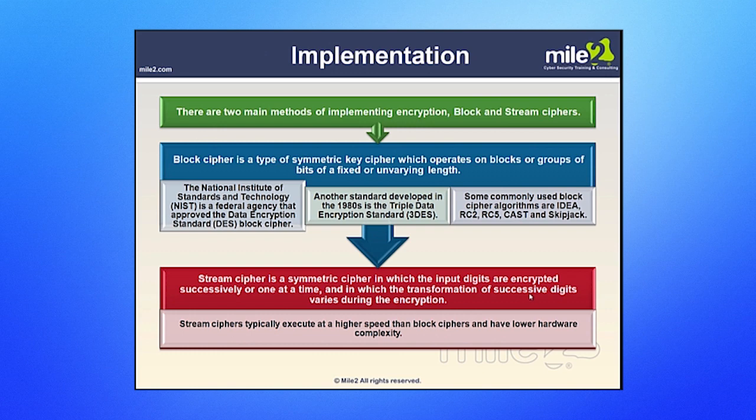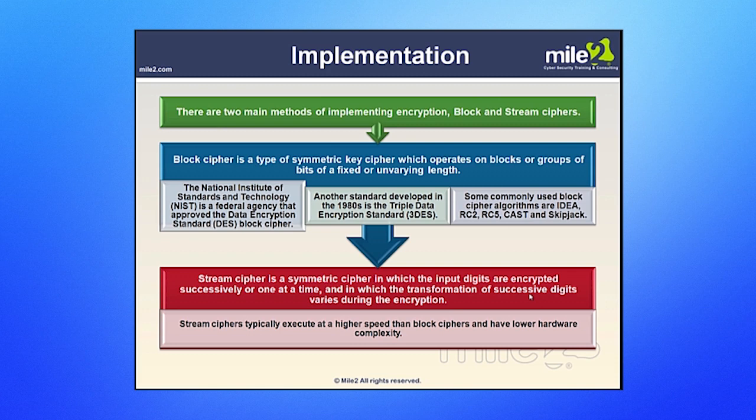Now, with encryption, symmetric is a one-key system. We have block and stream ciphers. The block ciphers are of some fixed length. You'll hear words like 64-bit, 128-bit, 256-bit. Some examples of that: the original Data Encryption Standard, which we would no longer use.